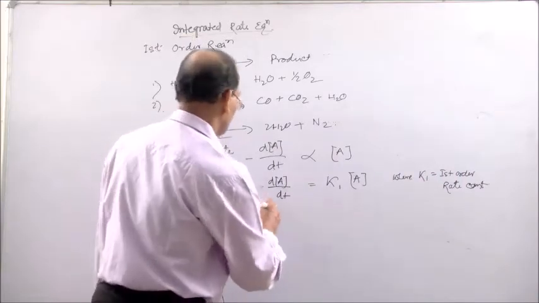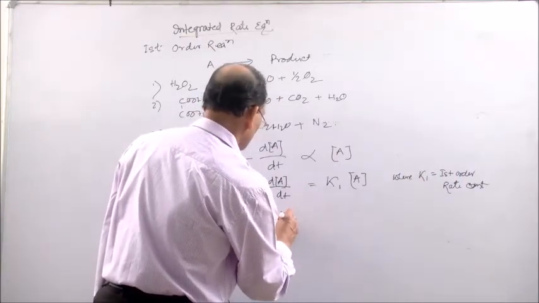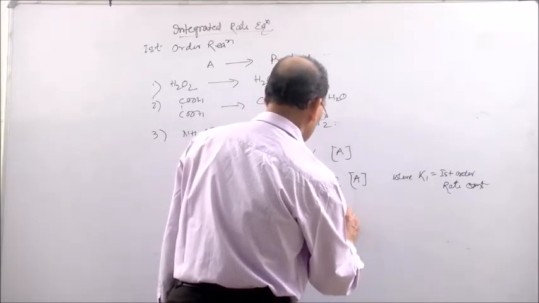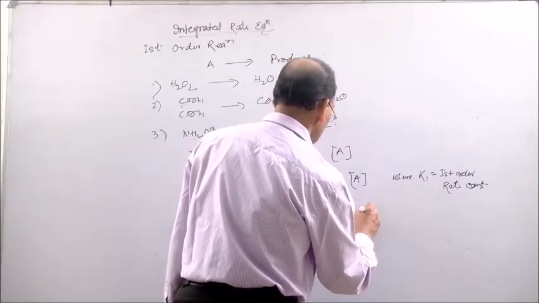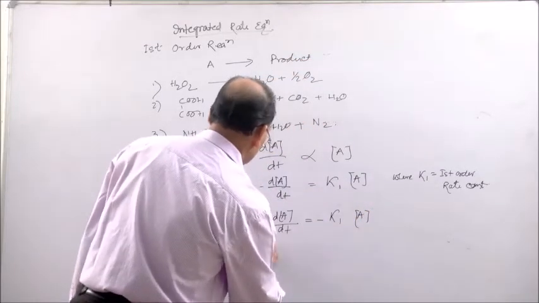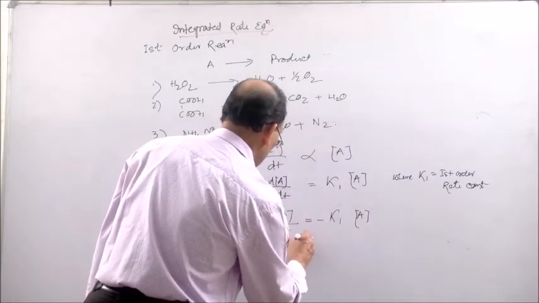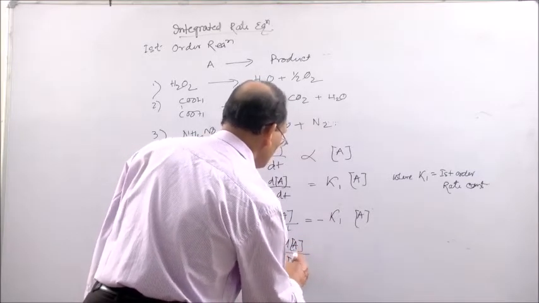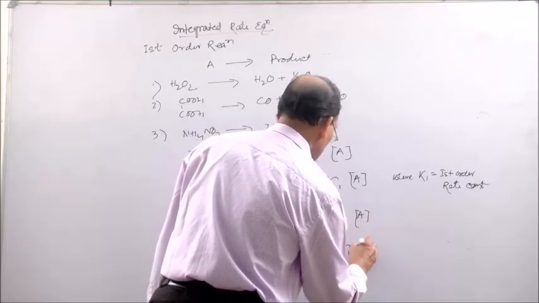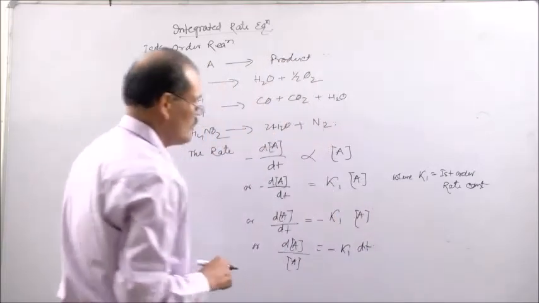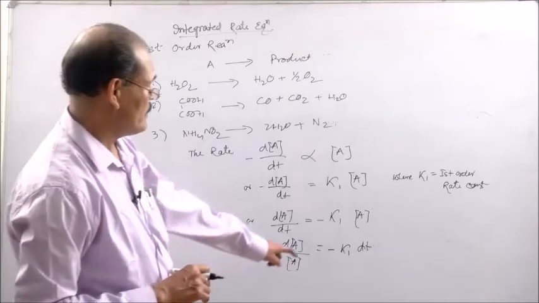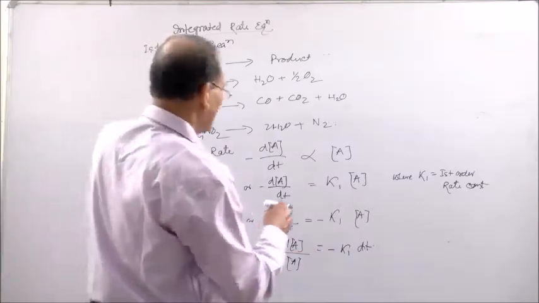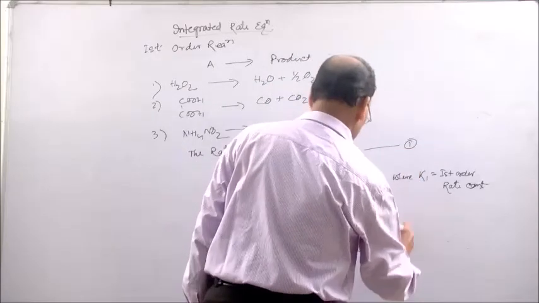Or dA by dt equals minus K1 A, or dA by A, taking the same terms to the same side. So to find out the first order rate constant, this equation is to be integrated. Let us take equation 1.